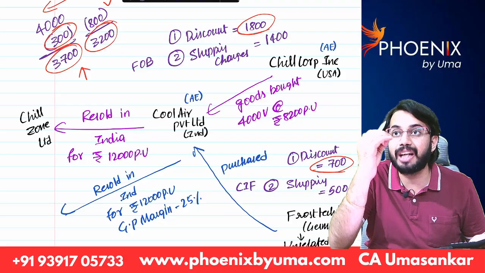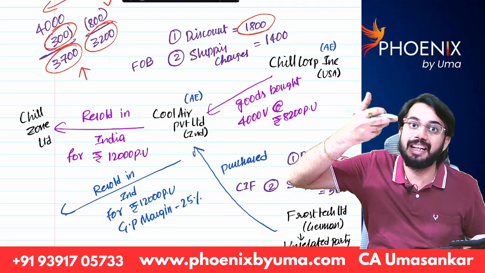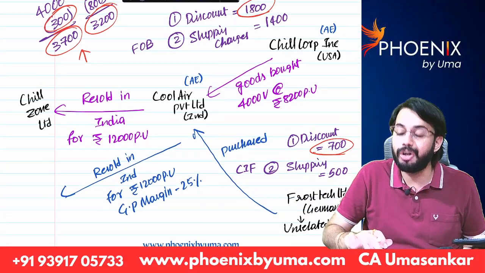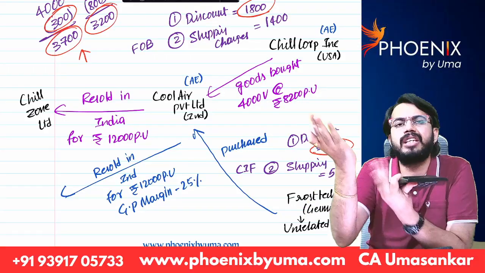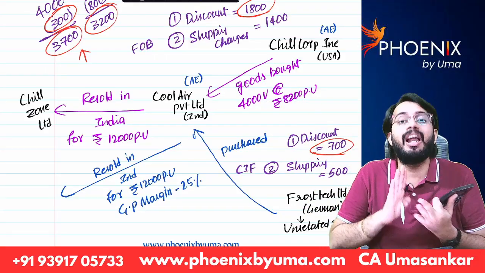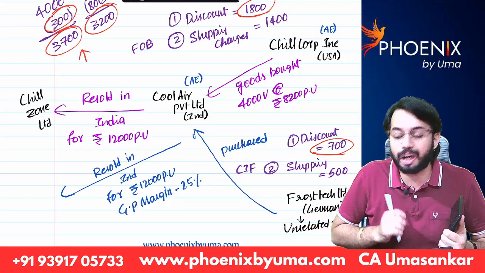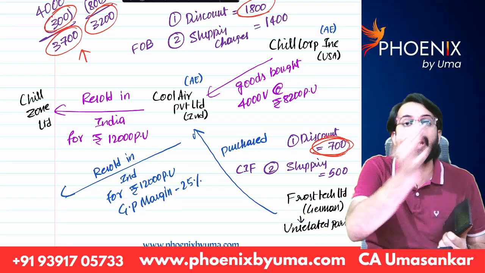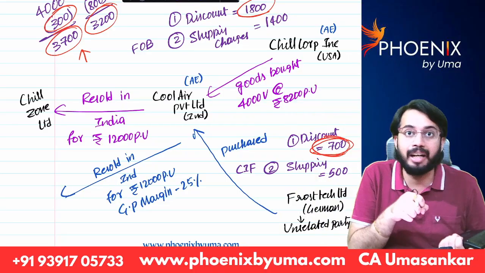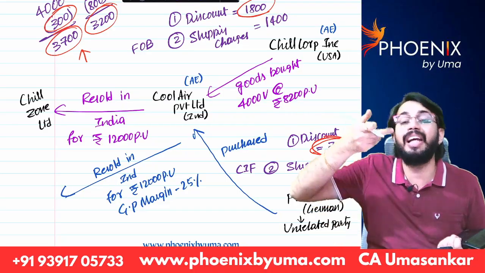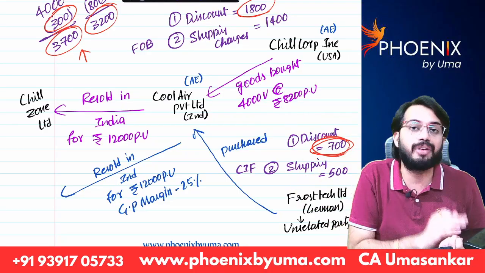Am I correct or not? When you buy goods from the related party, as he is a related party, he is giving 1800 discount. Why will an unrelated party give 1800 discount? The unrelated party is giving only 700 rupees discount. So whenever you buy goods from the unrelated party, your price will increase because a lower discount was given.